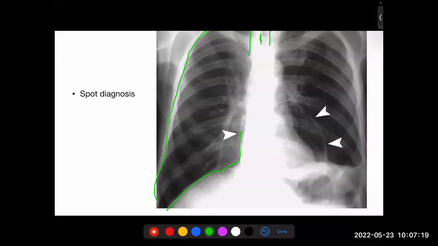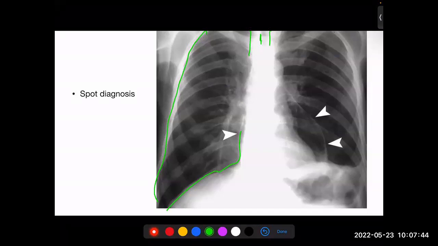Yes. And come to the heart. This is the heart shadow. Can we agree? Is it normal? No, not really. Pericardial effusion. I agree with that good lady who said pericardial effusion, but she's jumping the gun. But let's just follow.